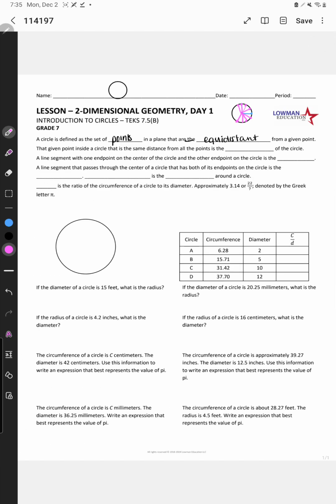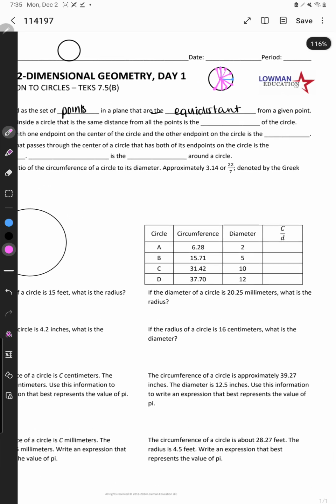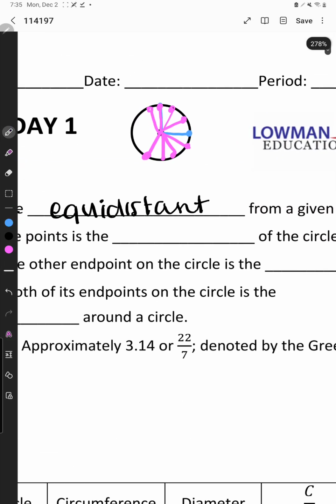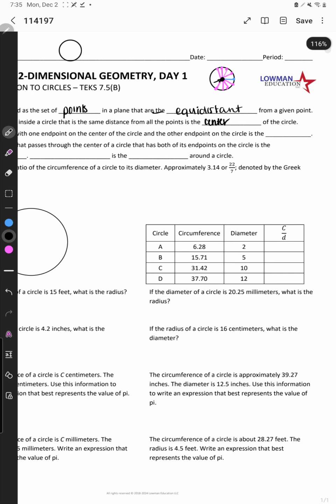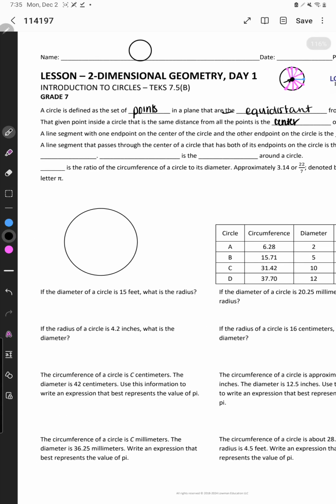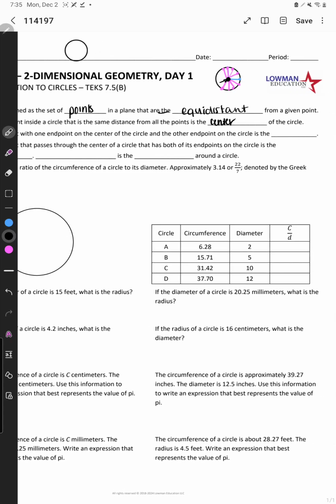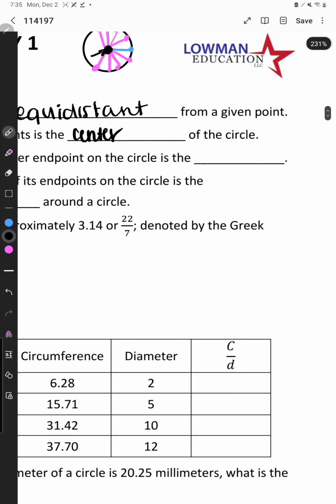That point given inside the circle that is the same distance from all the points is called the center of the circle. So this point right here is your center. A line segment with one endpoint on the center and the other endpoint on the circle is called the radius.